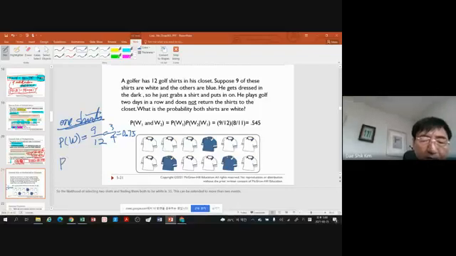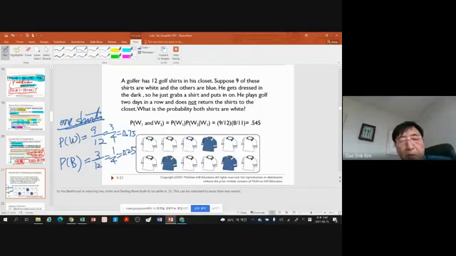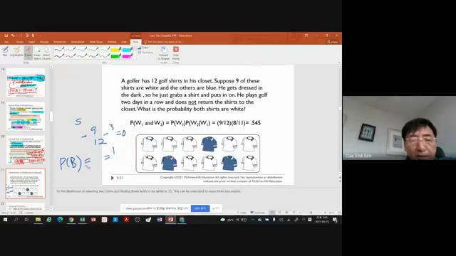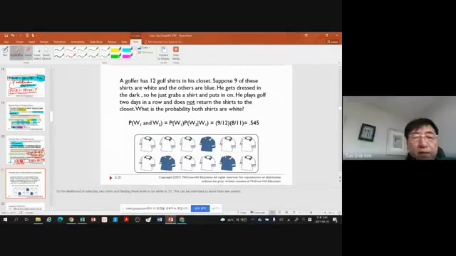What is the probability that he has blue? Blue means 3 out of 12. P(white) is 75%, P(blue) is 25%. But now I will go back; you need to understand this calculation. Any questions here so far? No, sir. Okay.